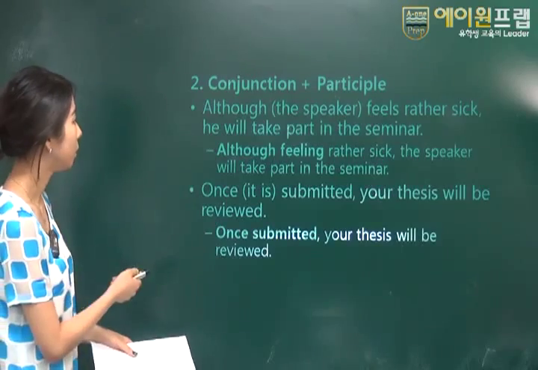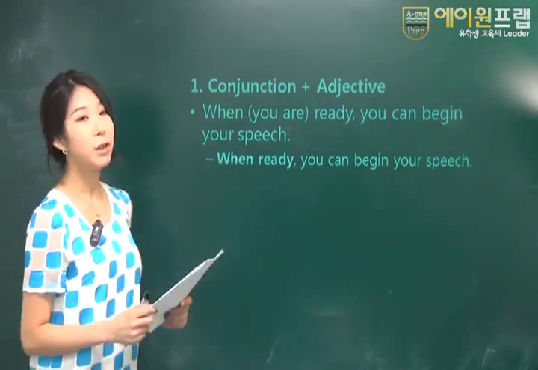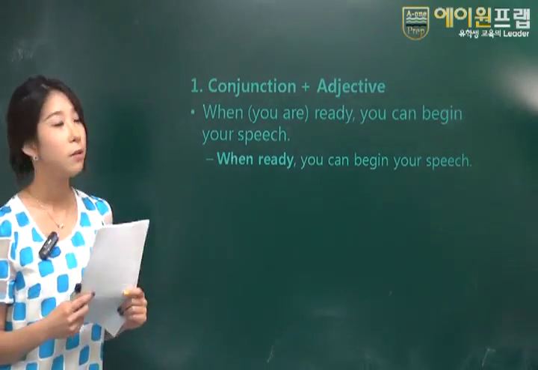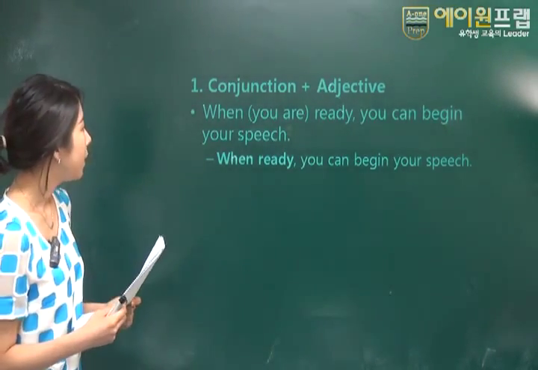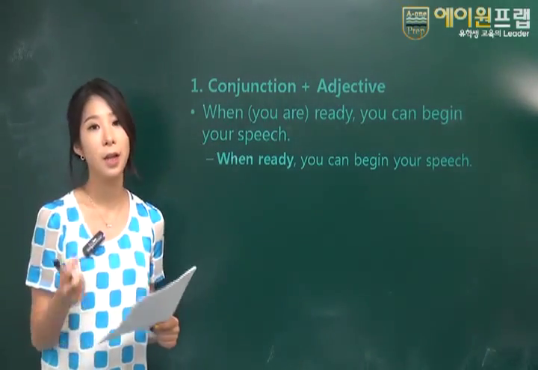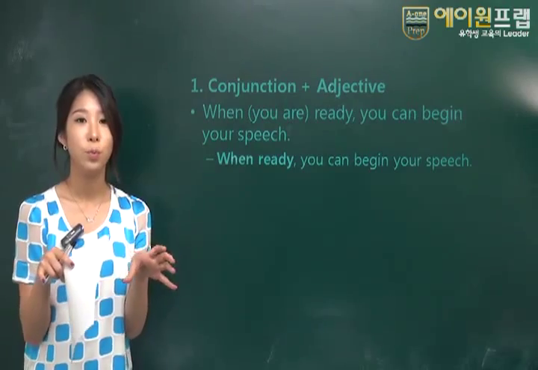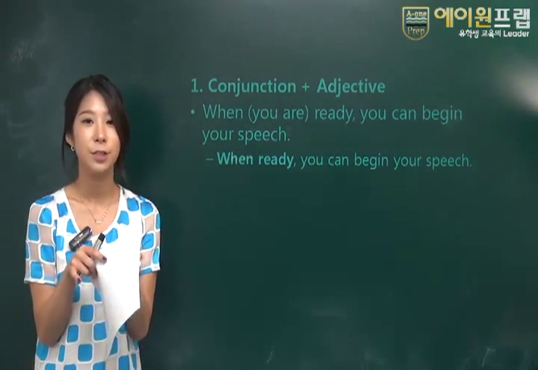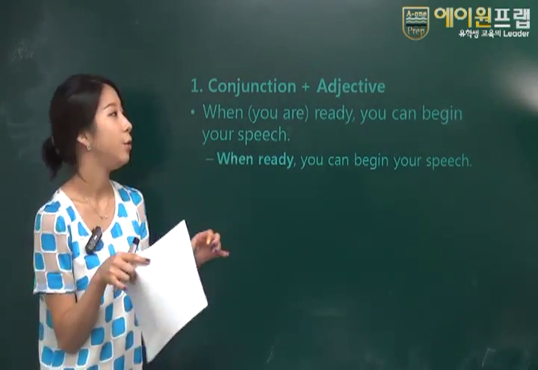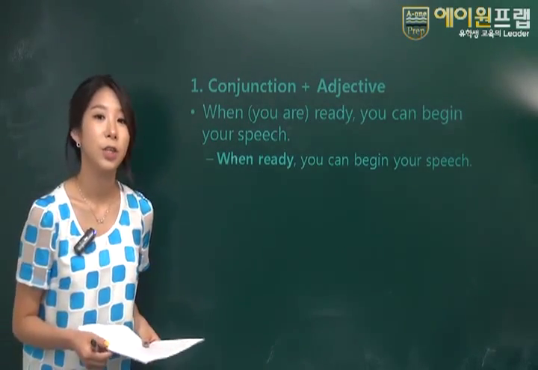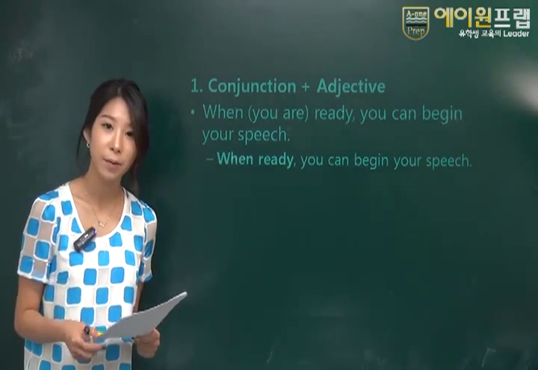So, okay. The first type of adverbial clause is conjunction plus adjective. So, what is a conjunction? A conjunction is a linking word. Basically, when you are linking 2 parts of a sentence or 2 sentences, you need a conjunction. So, for example, coordinating conjunctions. You might have heard of them before.